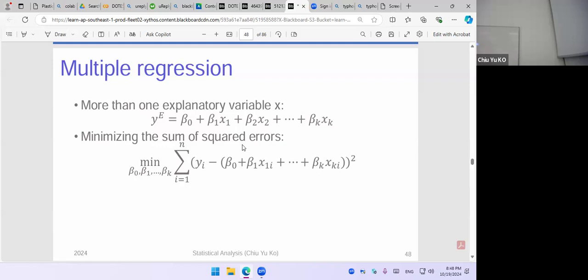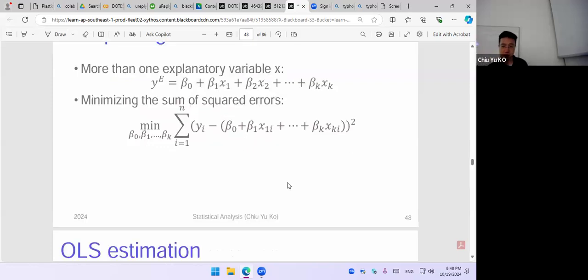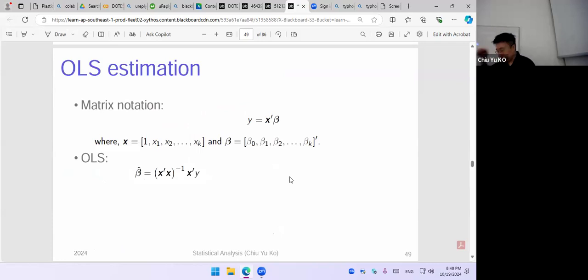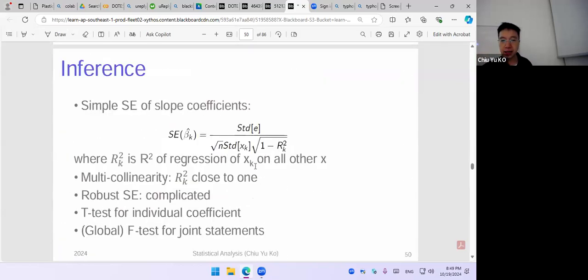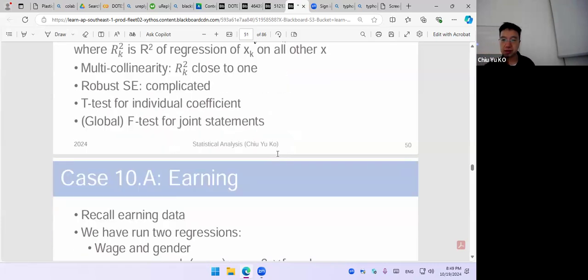If you use matrix algebra, the coefficients can be found in this form, and I don't think we care because we have a computer, so everything can be found using the computer anyway. The standard error also can be found by computer, so we don't care about this again.